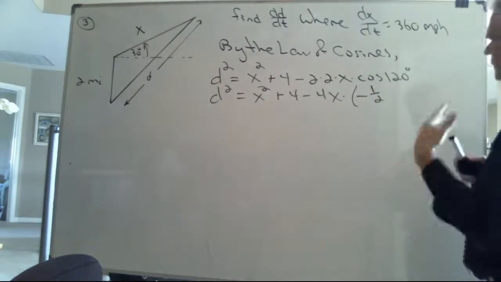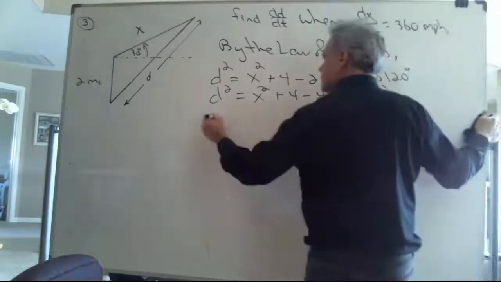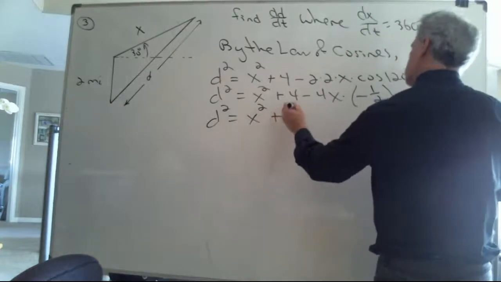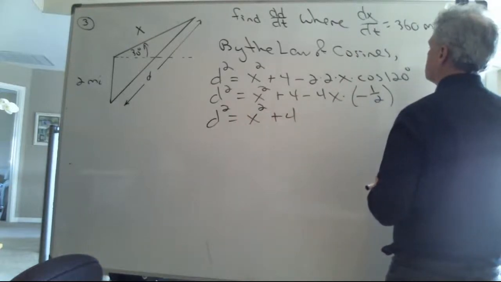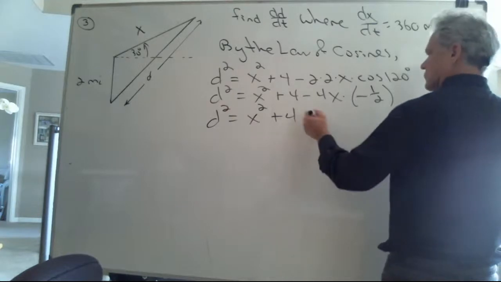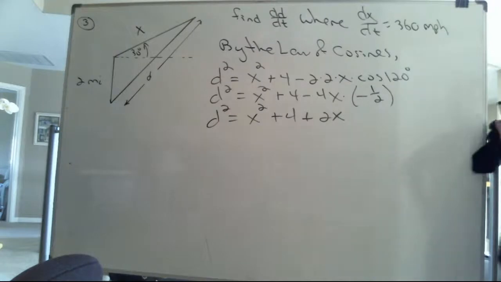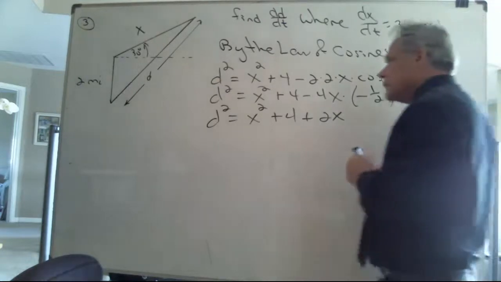Shoot, sorry. Now, if I treat x and d as functions of time t, because when you look at my picture, they are changing as time goes by, I will differentiate implicitly with respect to time t. In differentiating implicitly, I think it's going to give me this.